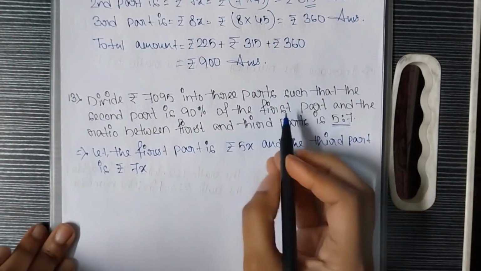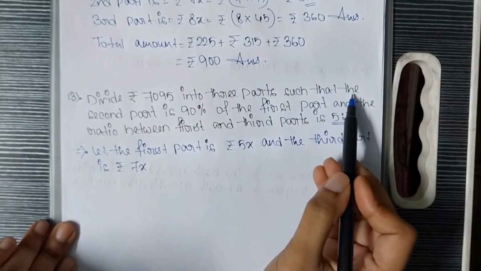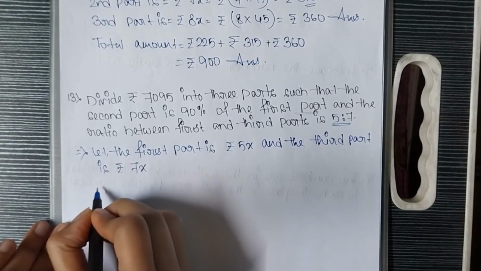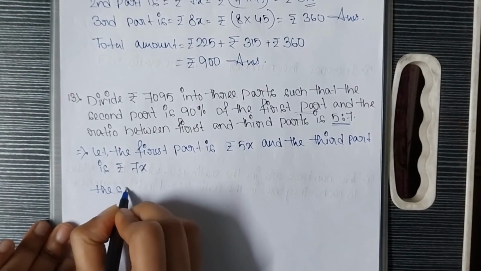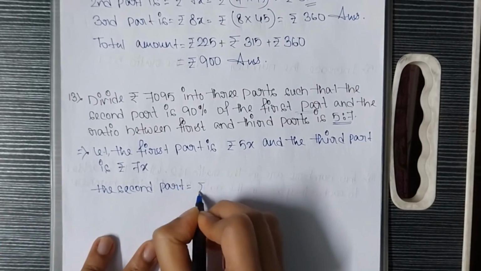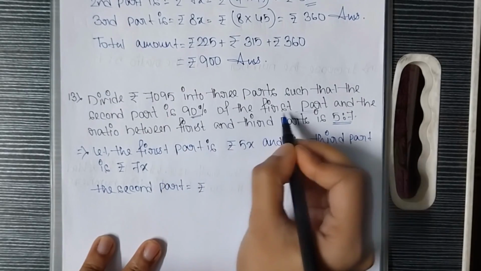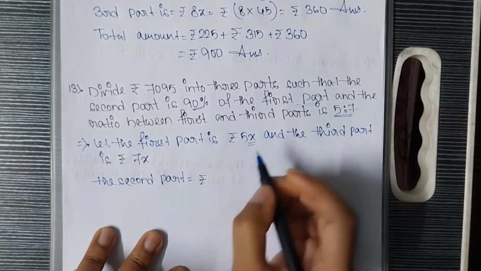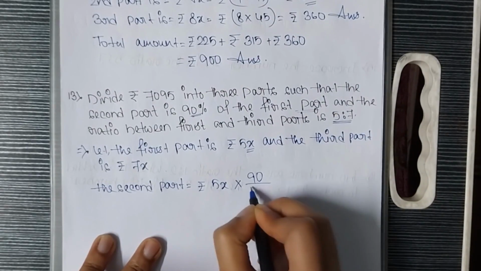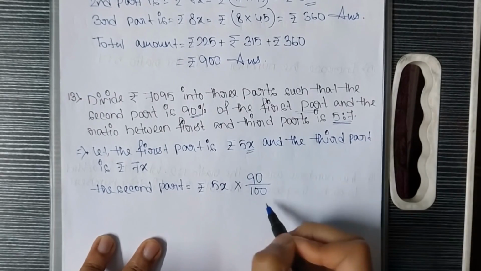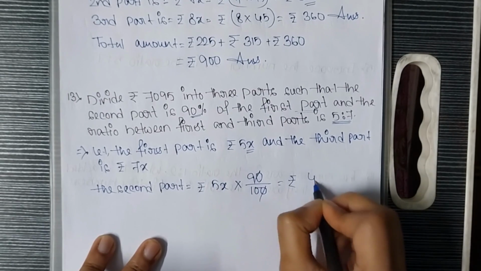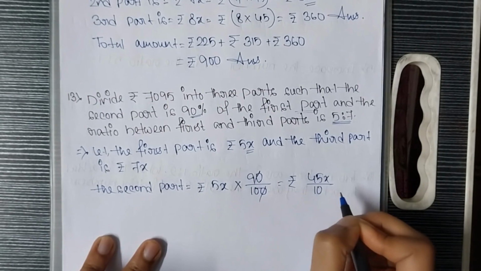Now in the second line, it is given that the second part is 90% of the first part. The first part is 5x, and 90% means 90 by 100. So the second part will be 45x by 10.